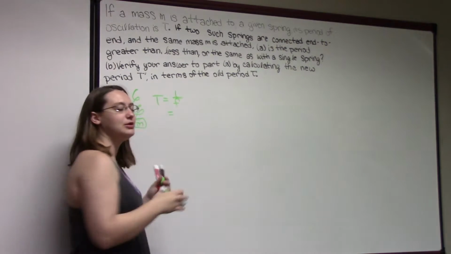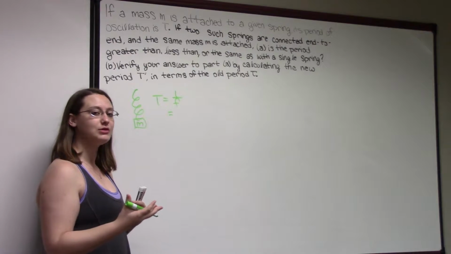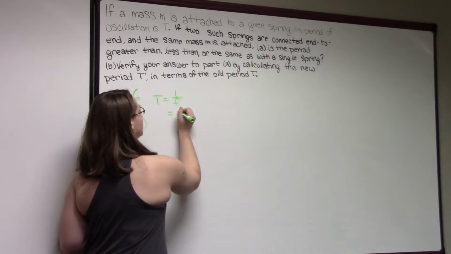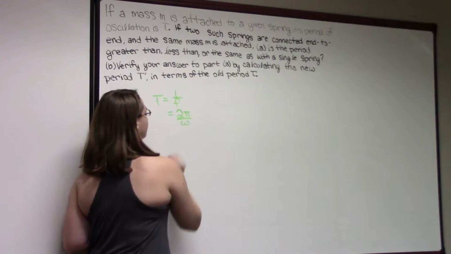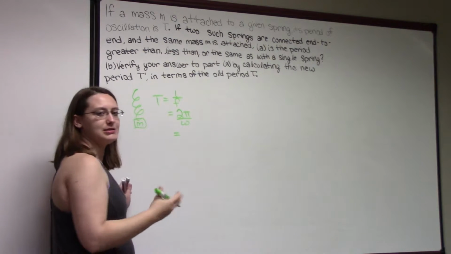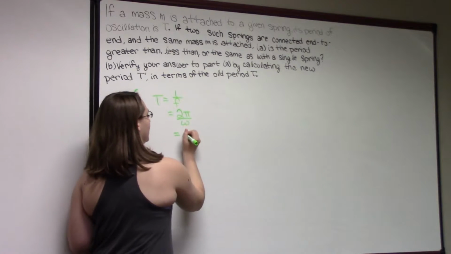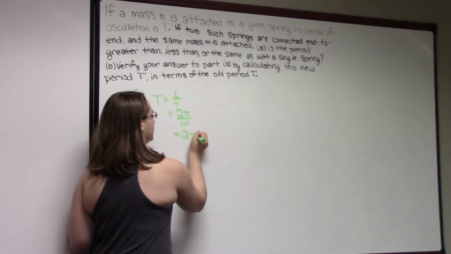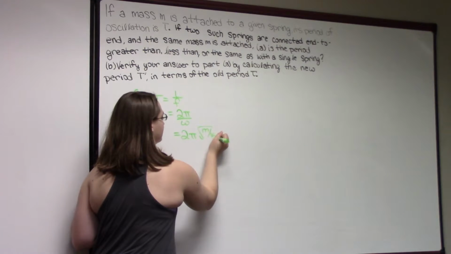When we're talking about springs and oscillations, we usually write this in terms of our angular frequency, which turns this into 2 pi over omega. And omega for a spring is the square root of k over m.